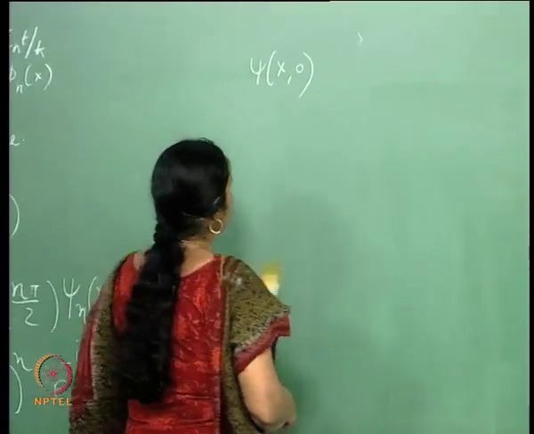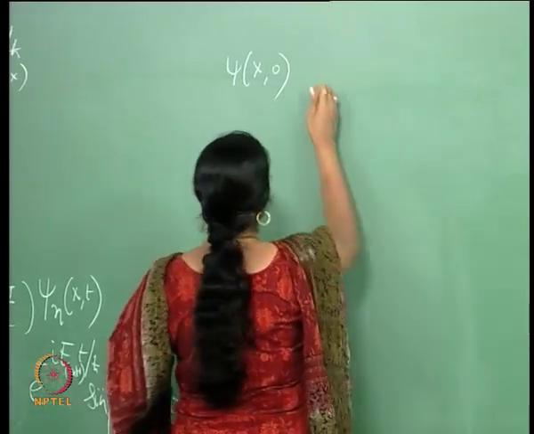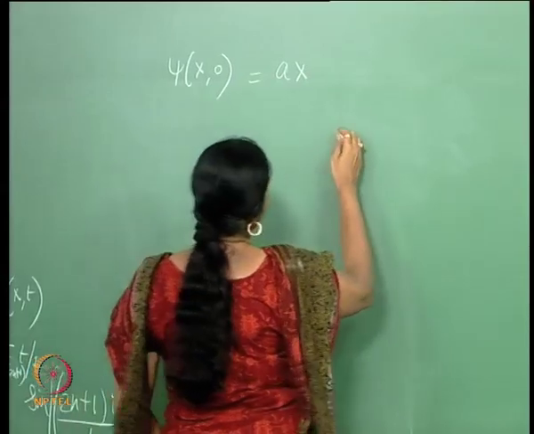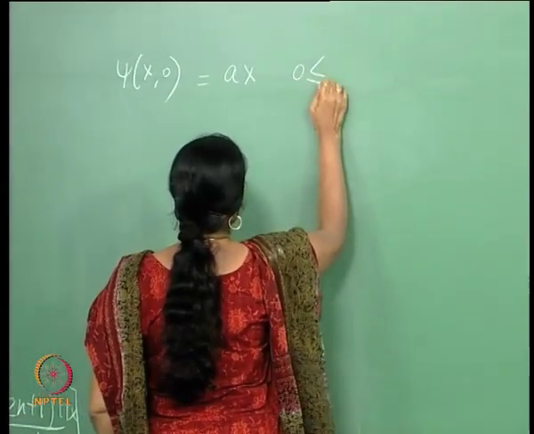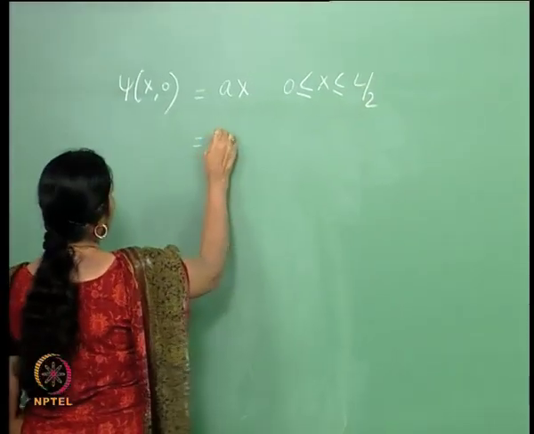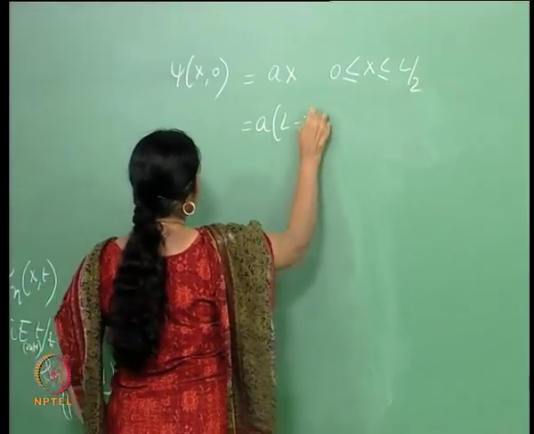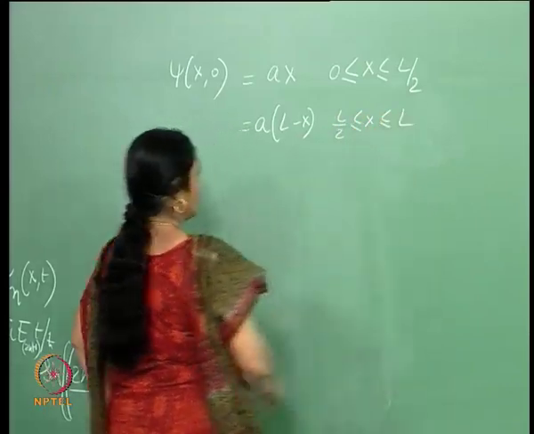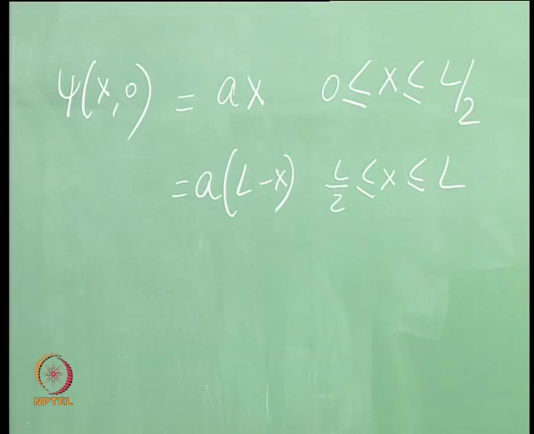I give you this initial state: some constant A times x for 0 to L by 2, and A times L minus x for L by 2 to L.